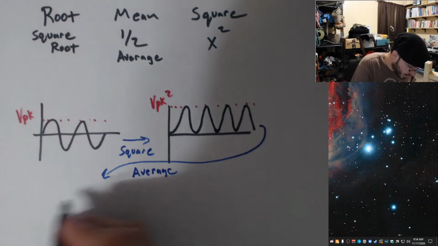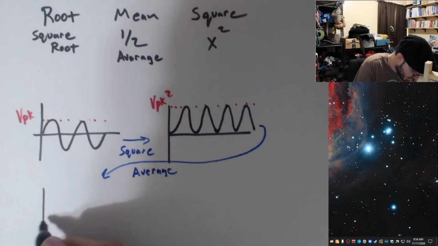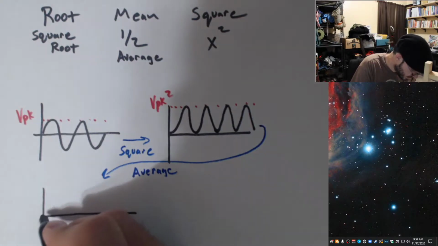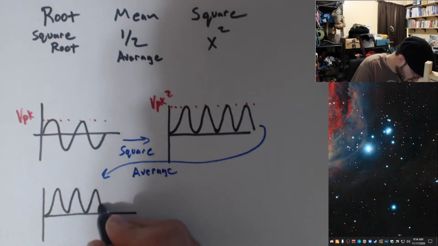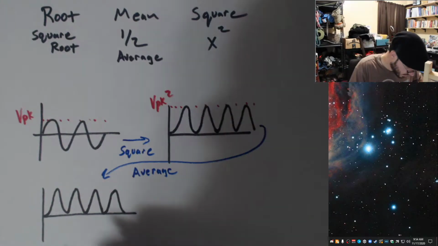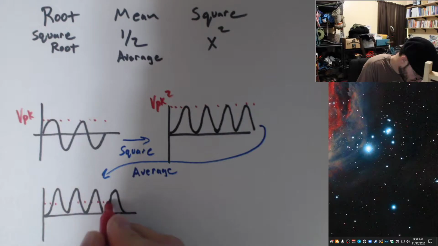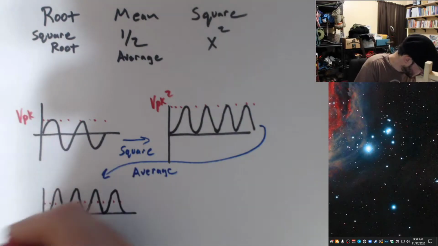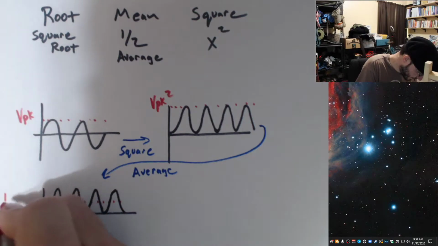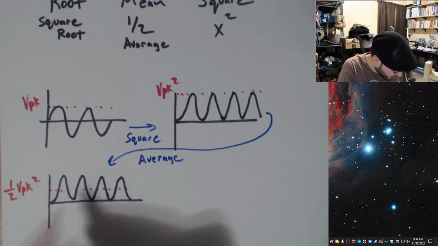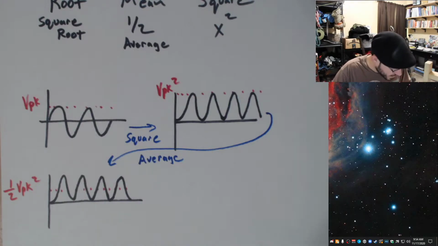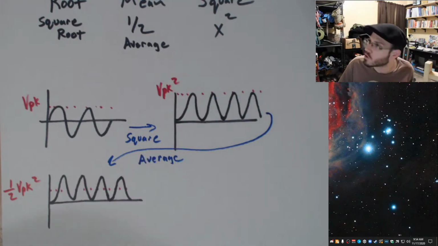If we take the average of this, we now have a value that represents the average voltage. However, it's the average of what was squared.